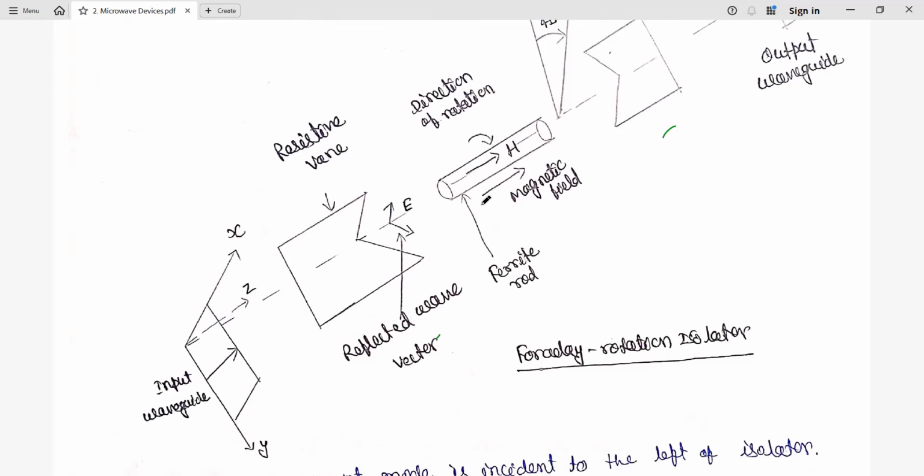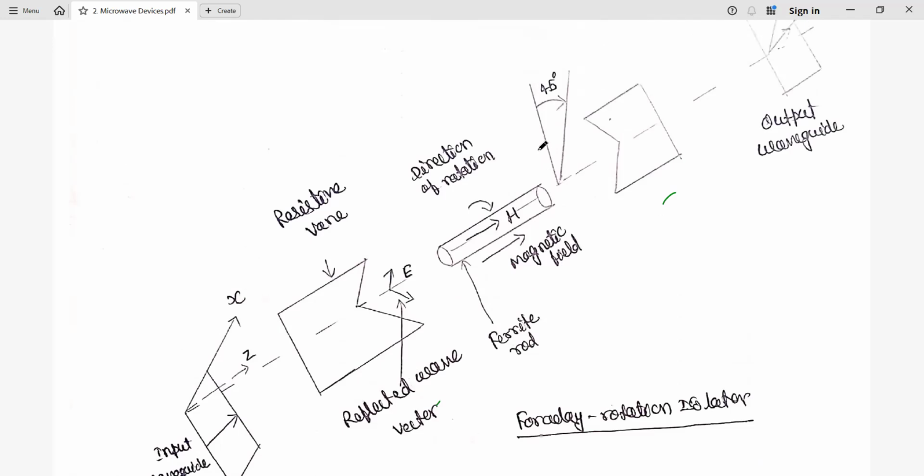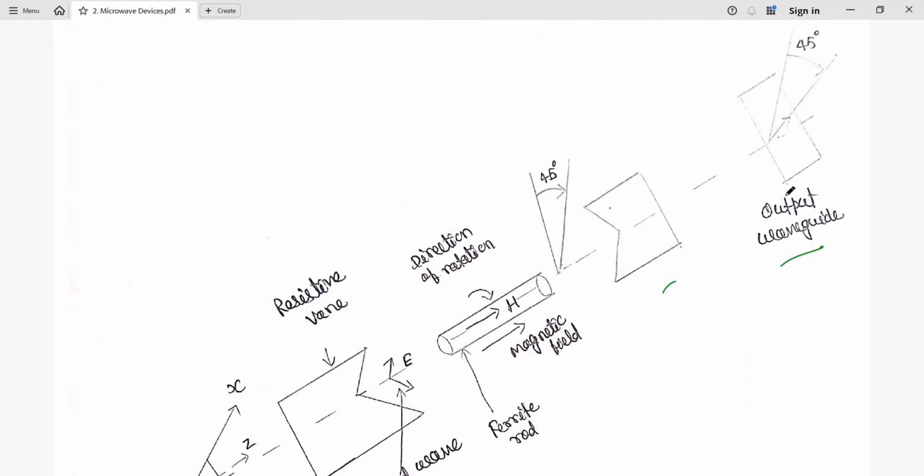After that it has a rotation of 45 degree by the Faraday rotation. And this output resistive card is also at 45 degree compared to the input resistive card. So finally, this wave is still perpendicular to the output resistive card also, and it is going to appear here at the output waveguide.